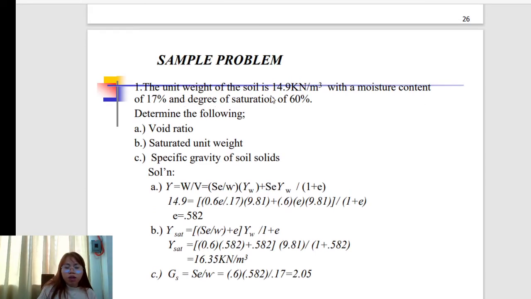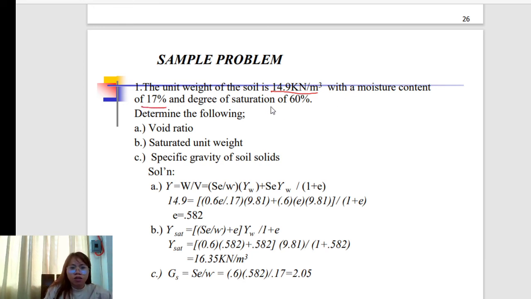The unit weight of the soil is equal to 14.9 kilonewton per meter cube, with a moisture content of 17% and degree of saturation S is 60%. Determine the void ratio, this is E. The saturated unit weight, this is gamma sat. And the specific gravity of soil solids, this is the G sub S.